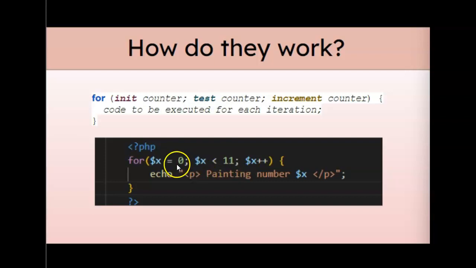Every time the counter is evaluated, if the condition is not fulfilled, it will increment. And between the brackets is the code line that we want the loop to do. In this case, it is to echo or print this line, painting the number in the for loop.